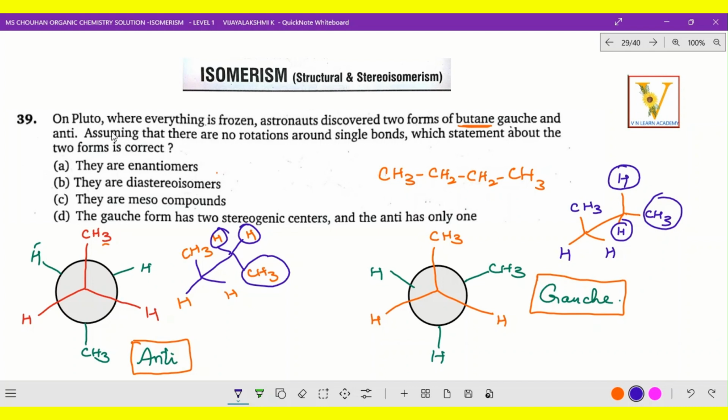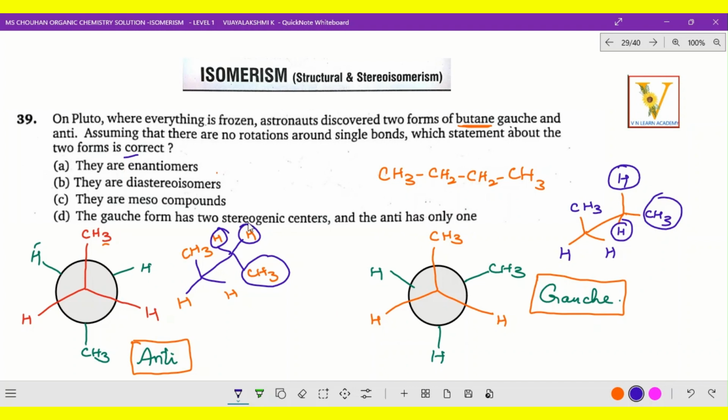Assuming that there is no rotation around single bonds, which statement about the two forms is correct? Options: enantiomers, diastereomers, meso compounds. The gauche form has two stereogenic centers, and anti has only one.